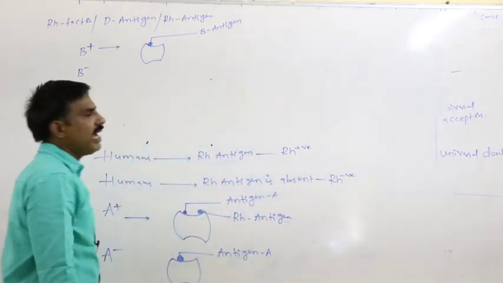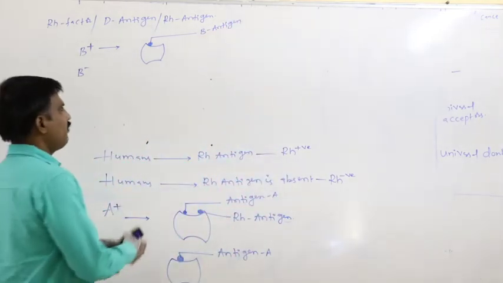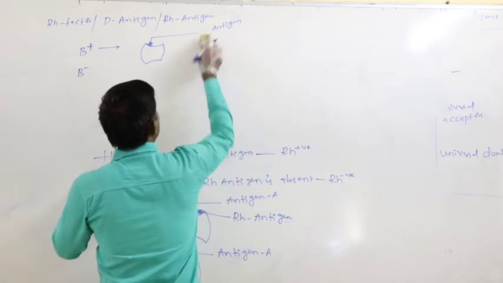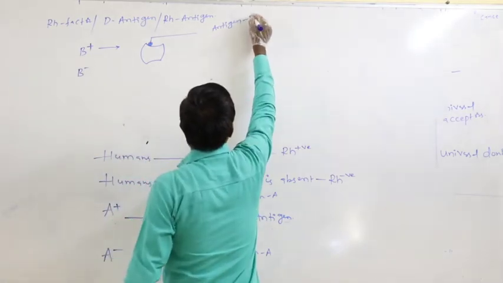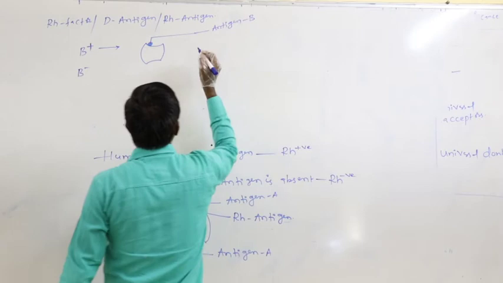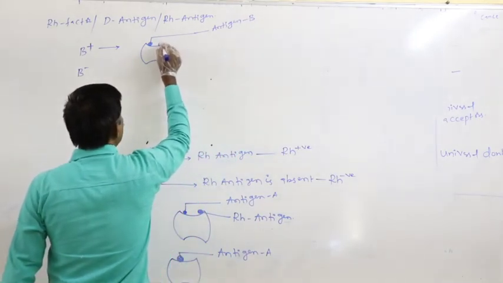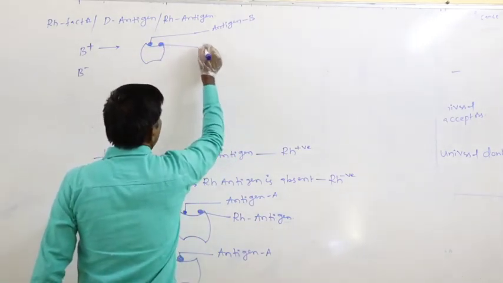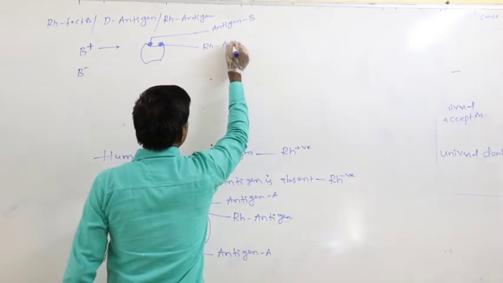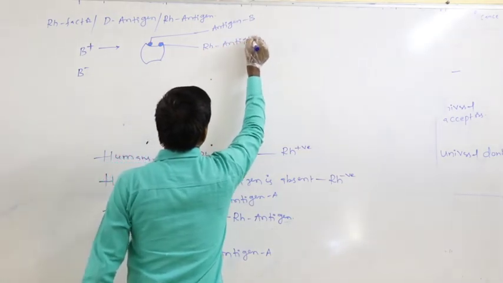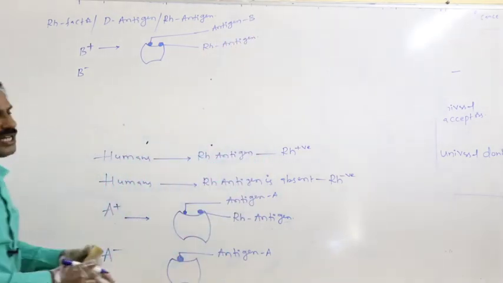This is antigen B, the normal antigen. In addition to that, the other antigen, the Rh antigen, if it is present, that is said to be B positive.